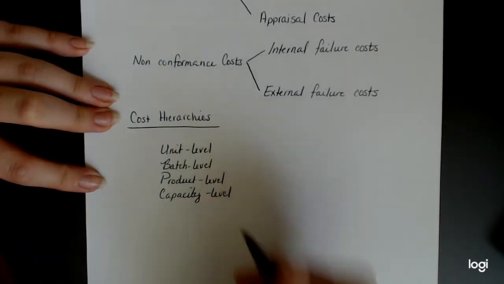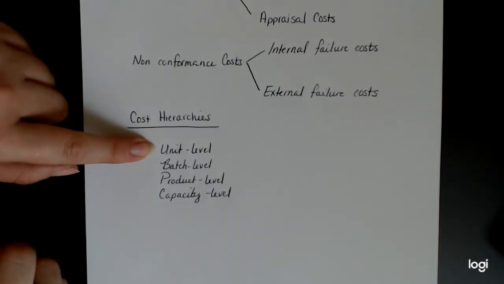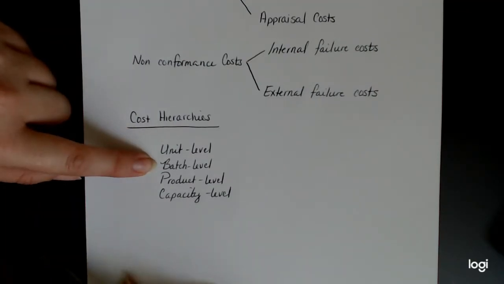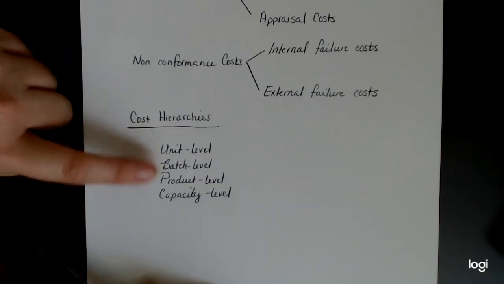So when we're talking about these cost hierarchies, we can take a look at each of our costs within the manufacturing plant and determine: is this cost based on a per unit basis? Is this per batch? Is this just for the individual product? Remember, product is very different from unit.